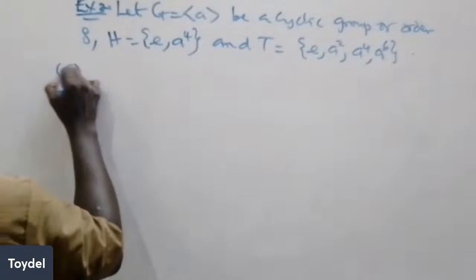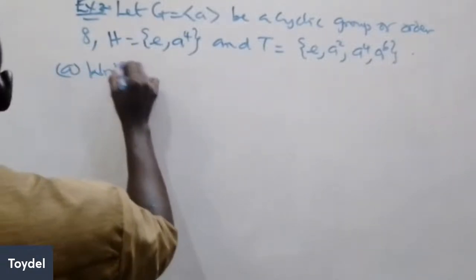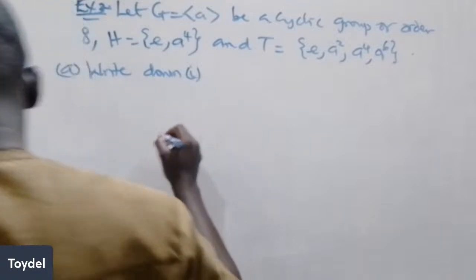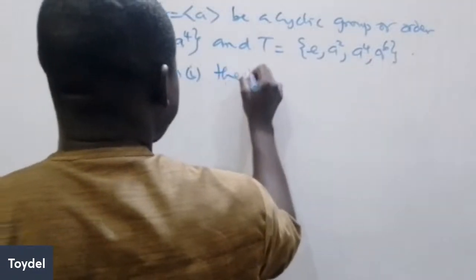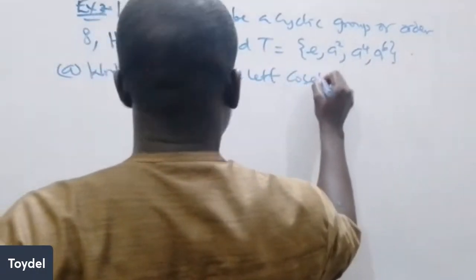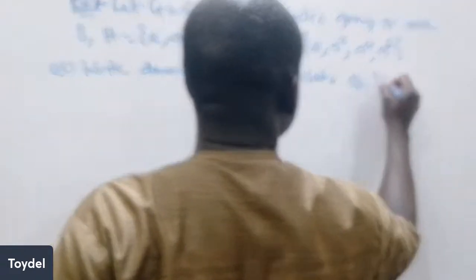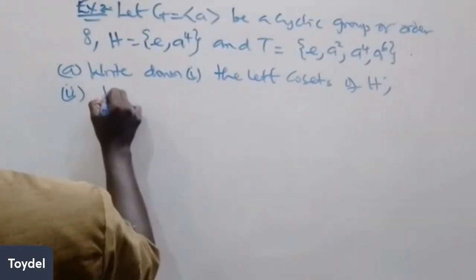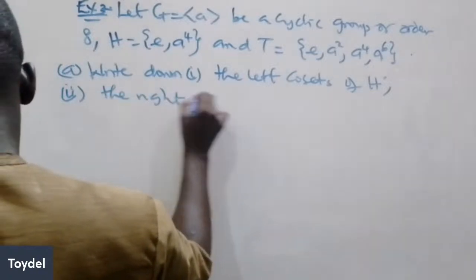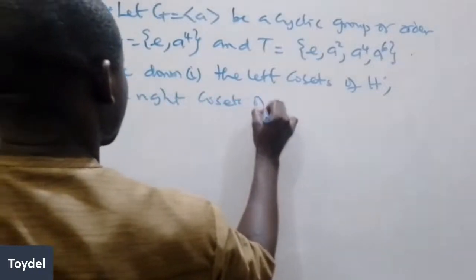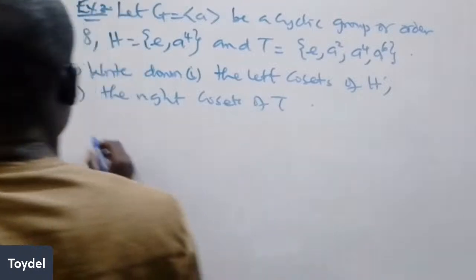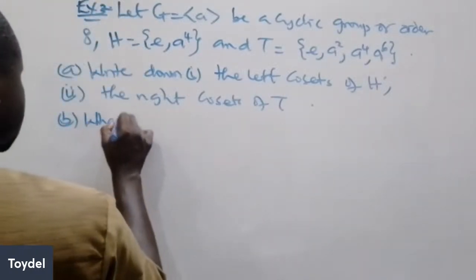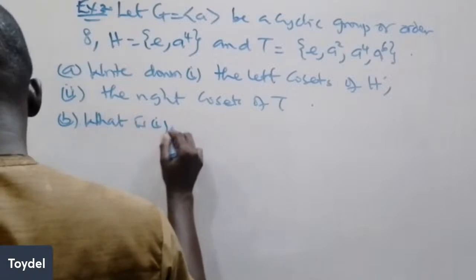So the first question now: write down Roman figure 1, the left coset of H, then Roman figure 2, the right coset of T. Then the B part of the question asks: what is Roman figure 1?